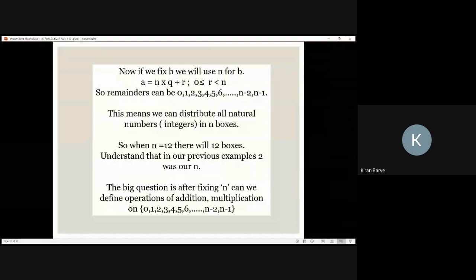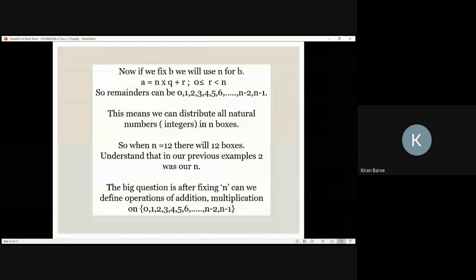So a equal to nq plus r. When you divide by n, the remainder can be 0, 1, 2, 3, 4, 5, 6, ..., n minus 2, n minus 1. That is, if you divide 37 by 12, the remainder is 1. 36 divided by 12, the remainder is 0. 47 divided by 12, the remainder is 11. So the remainders are between 0 and 11.